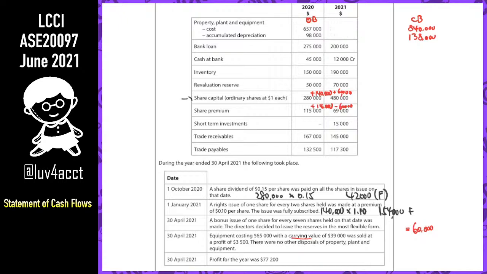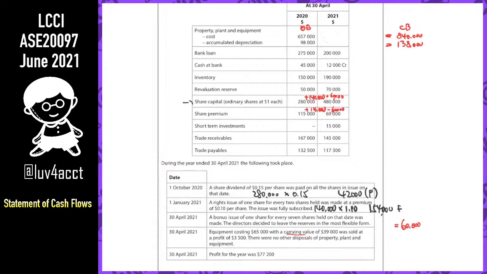So to find the 4 figures, we need to do reconciliation from the opening balance to the closing balance. We have to look at the movement of non-current asset from the beginning to the closing balance.